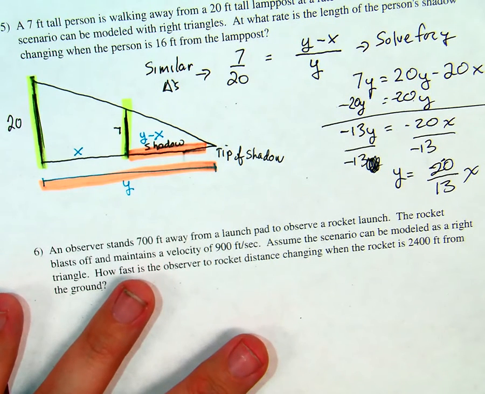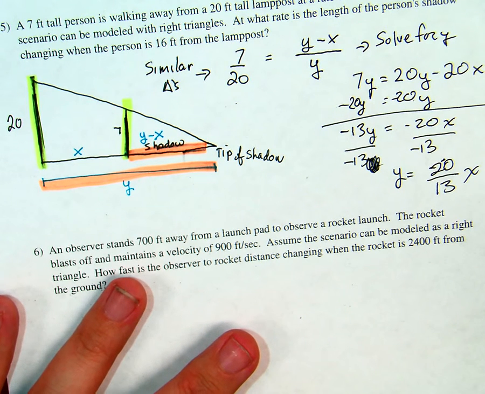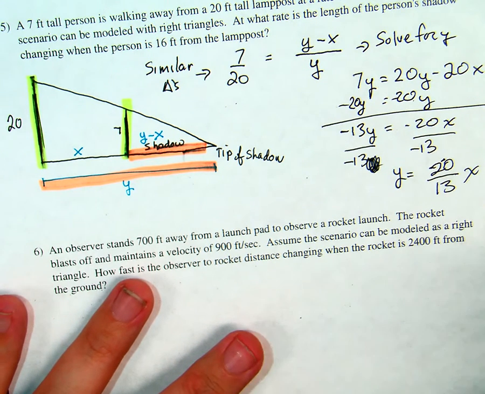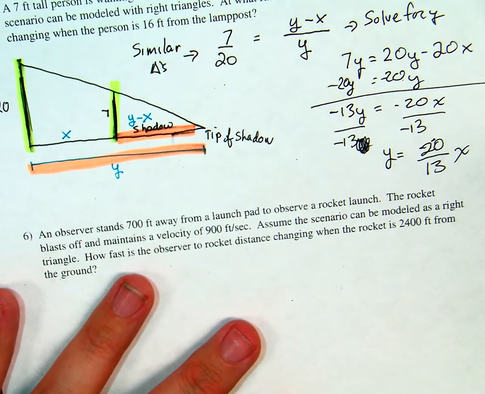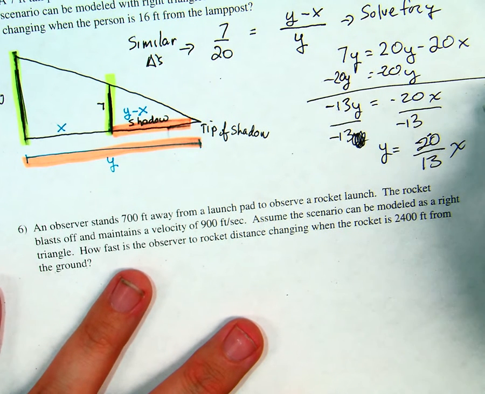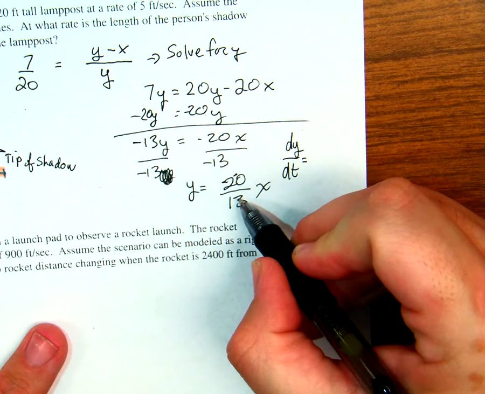Can we plug in x now? Not yet. Not yet. Now take the derivative of this. dy dt is equal to 20 over 13 dx dt.